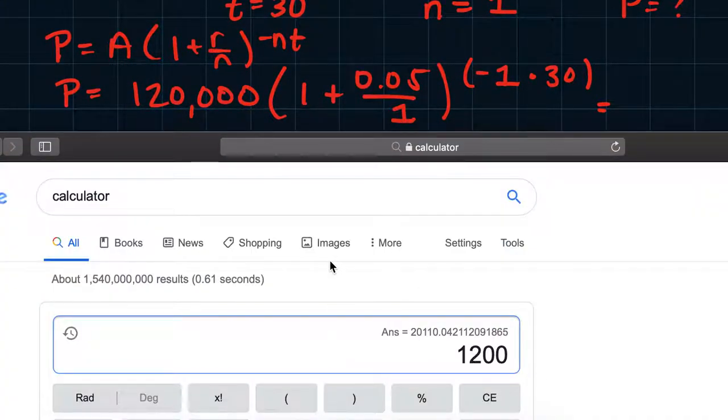So 120,000 times 1 plus, now anything divided by 1 is itself, so all I really need to write is 0.05. I don't have to put 0.05 divided by 1. Raised, and then negative 1 times 30 is just negative 30. Oops, let me do that again. 120,000, 1 plus 0.05 raised to the negative 30. Enter.